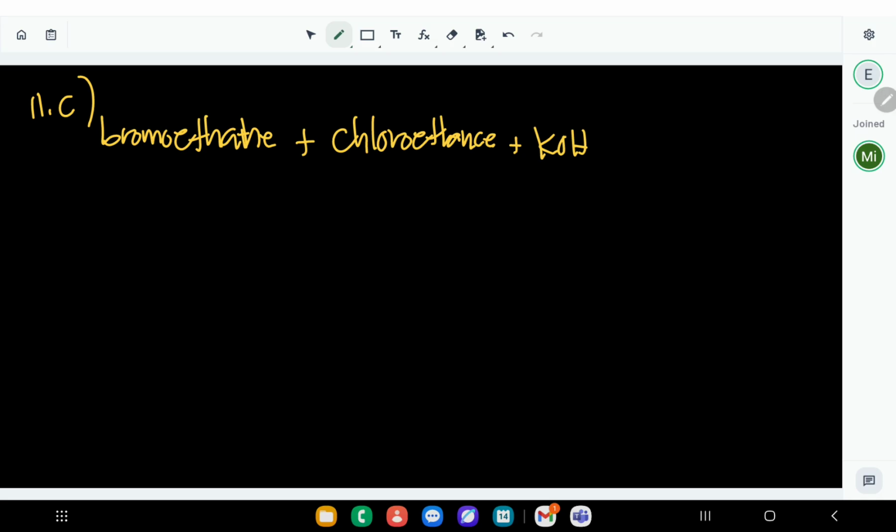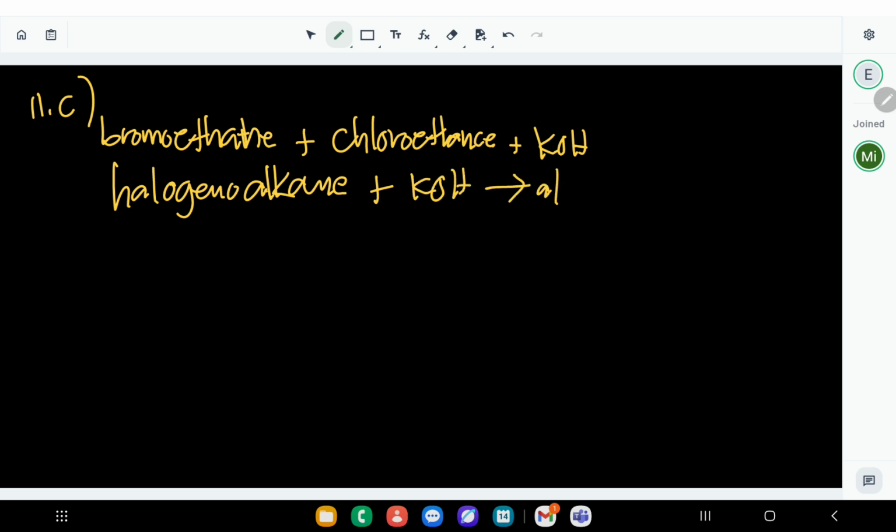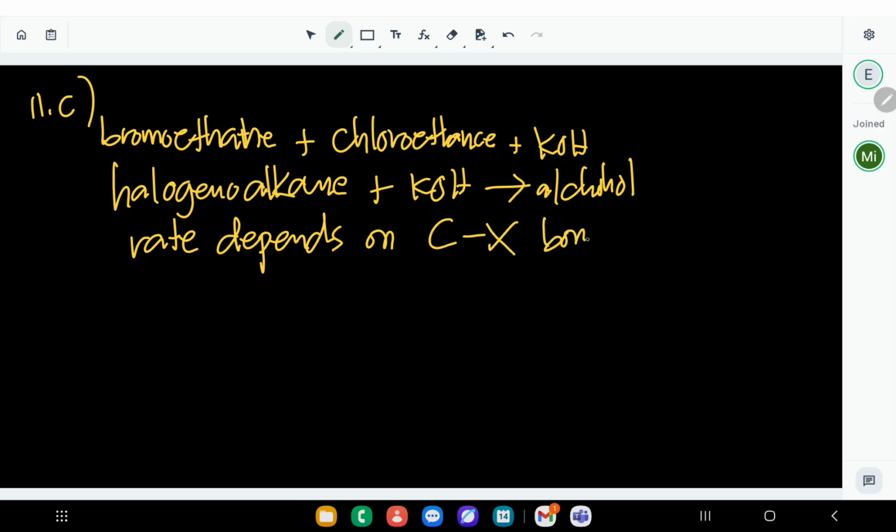So this is a halogenoalkane, and then potassium hydroxide. So this produces alcohol. The same reaction, because this is the same reaction. So this one is a substitution reaction. So that means the rate here depends on the carbon-halogen bond strength.